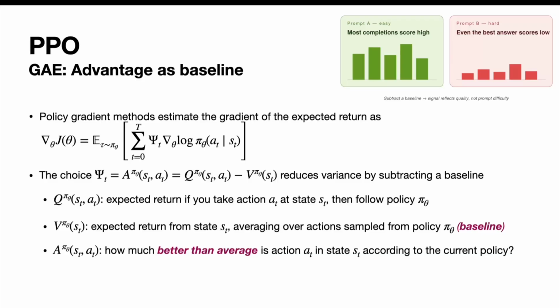But what we really want to know is whether a completion is better or worse than expected for that specific prompt. By subtracting a baseline, the advantage signal reflects better than expected quality, not just prompt difficulty. In practice, however, the true advantage function is unknown, so we need to estimate it. This is where GAE comes in.